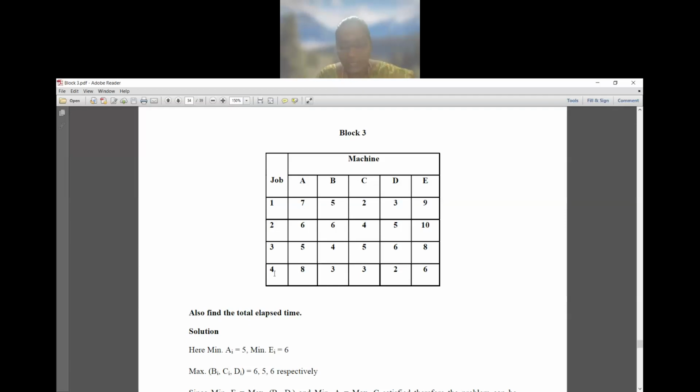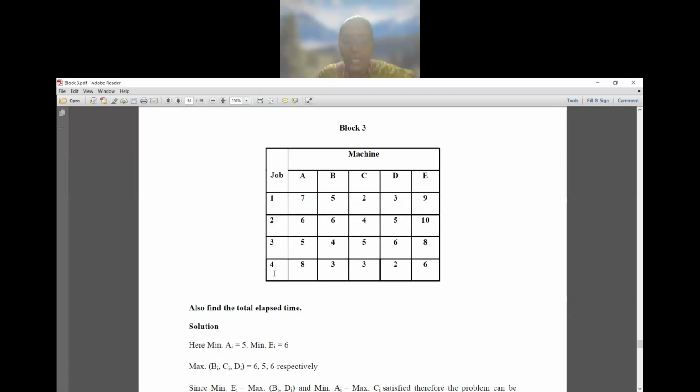For that, we have to find the minimum of the first machine. Minimum of the first machine, that is 6.